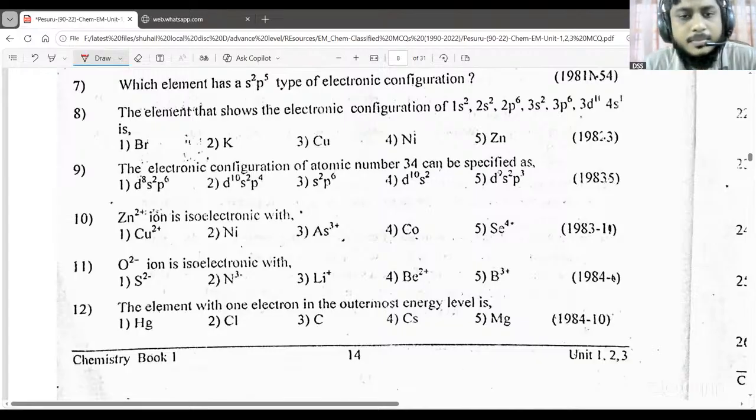Now let's check this. The first one is the element that shows the electronic configuration of 1s2, 2s2, 2p6, 3s2, 3p6, 3d10, 4s1. Count and see how many electrons there are.